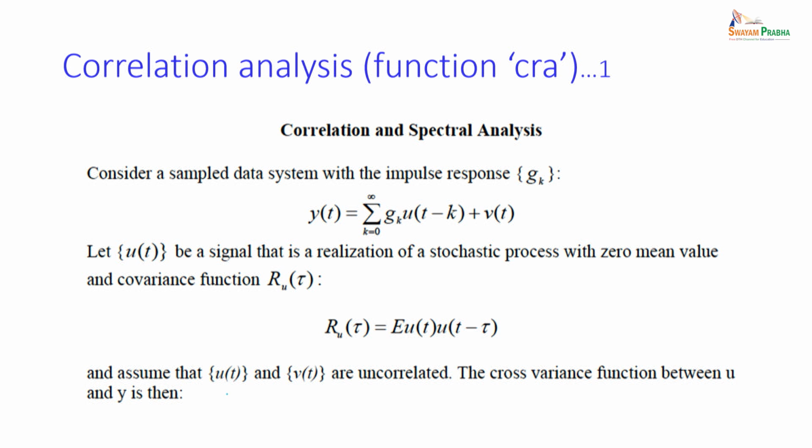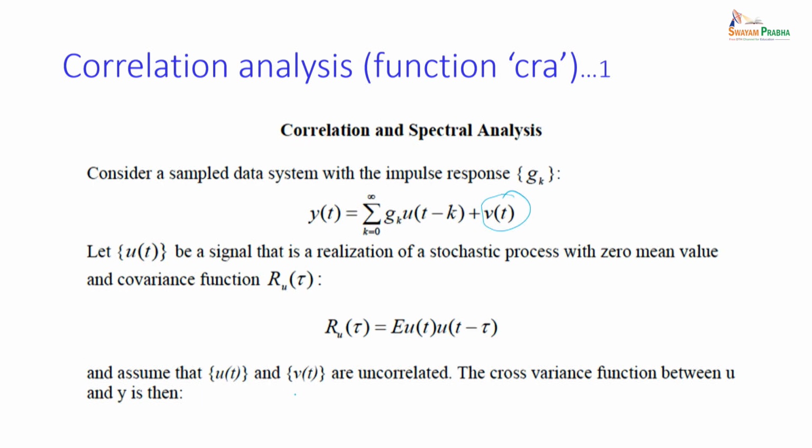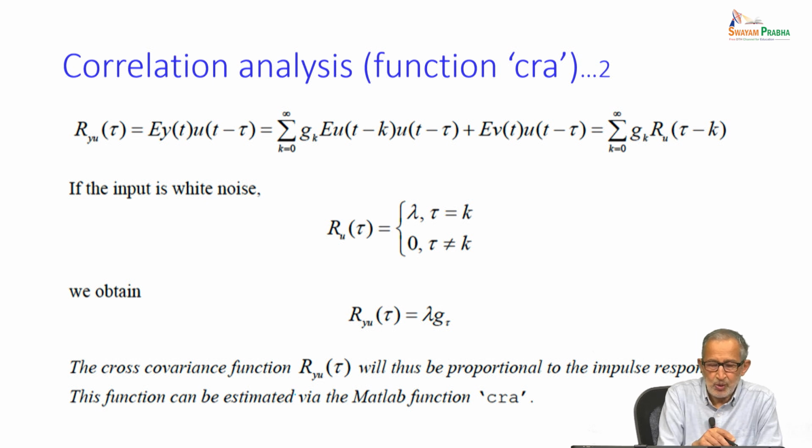Assume that u and v are uncorrelated. This term v is the noise, random white noise, and u and v are uncorrelated. So the cross covariance function between u and y is then, if I multiply both sides of the previous equation by u and then take the covariance function, this is what we would get.